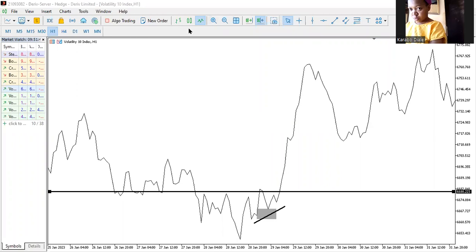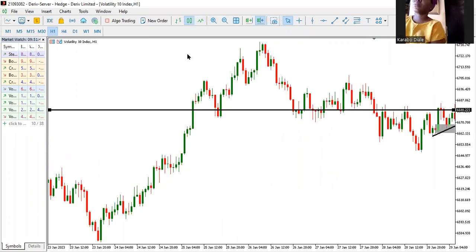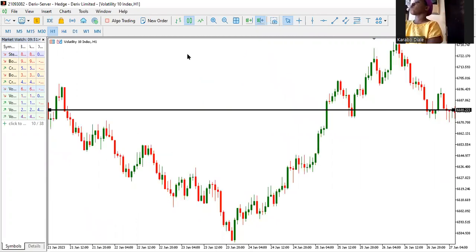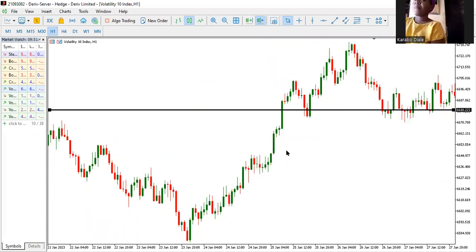Mostly these patterns are next to the support and resistance, not in the middle. They are potential continuation patterns.